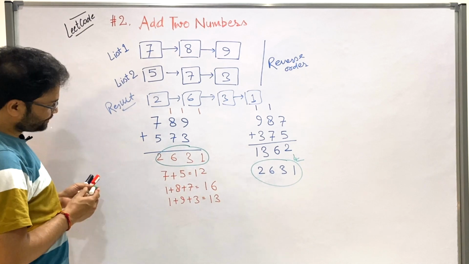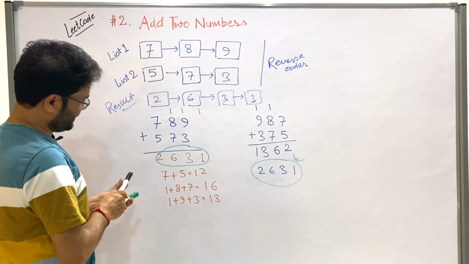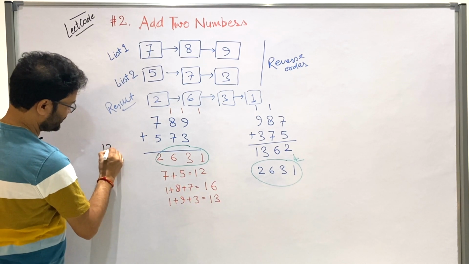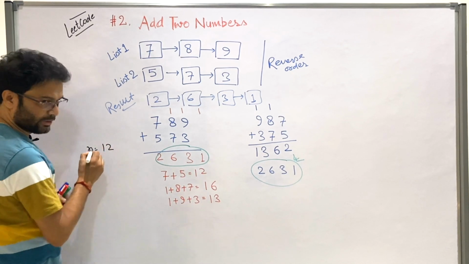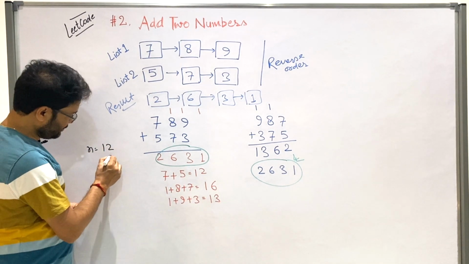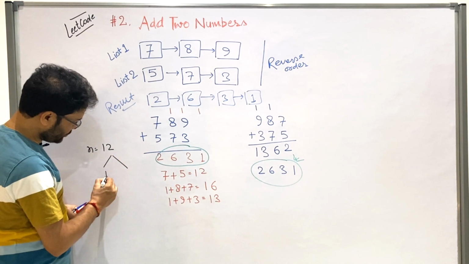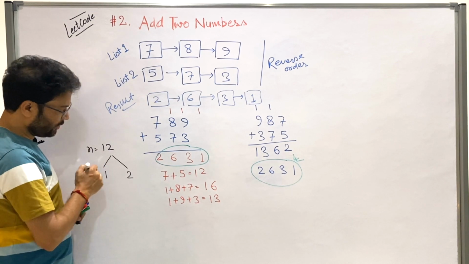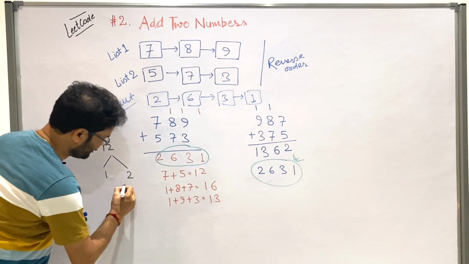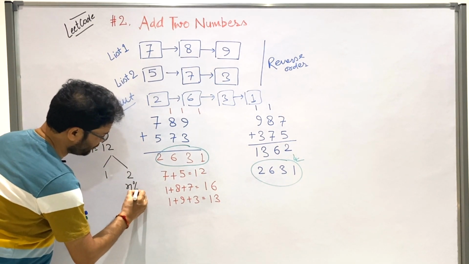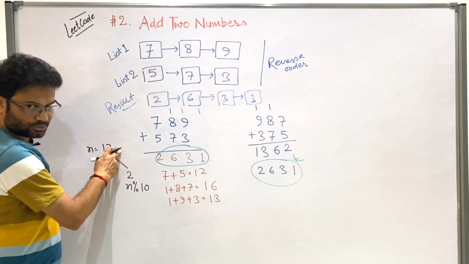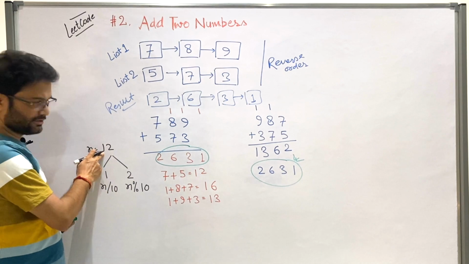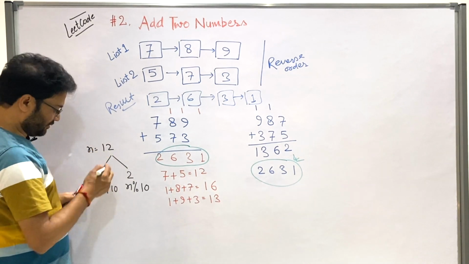But before that, did you notice one thing here? When you get the 12, suppose this is n, 12. What are we doing here? We are separating 1 and 2. So how can we get the 1 and how can we get the 2? We know already, right? If we do n mod 10, I will get this 2, and if I do n divided by 10, I will get this 1, and 1 is the carry forward.